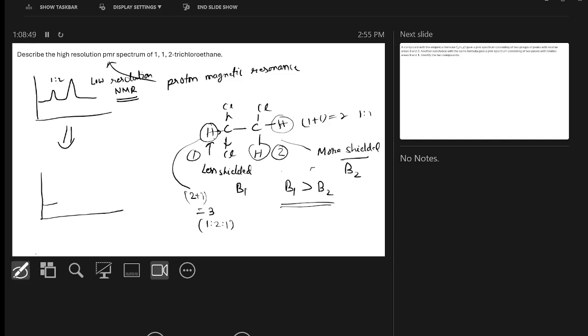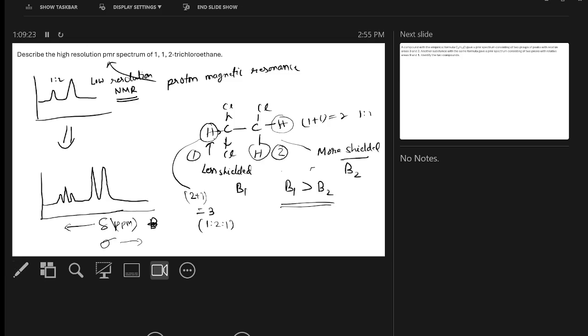So you will get something like this. I am not drawing this perfectly. And this is a doublet. Delta is increasing in this direction. And you have absorbance here, intensity, whatever you say. So this is your spectrum, in ppm.